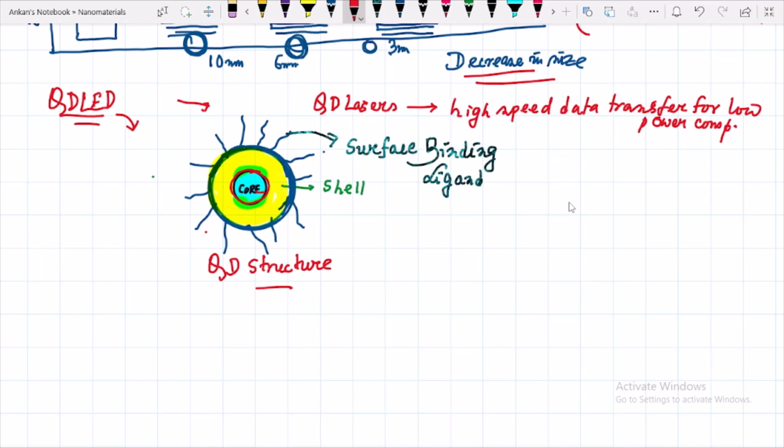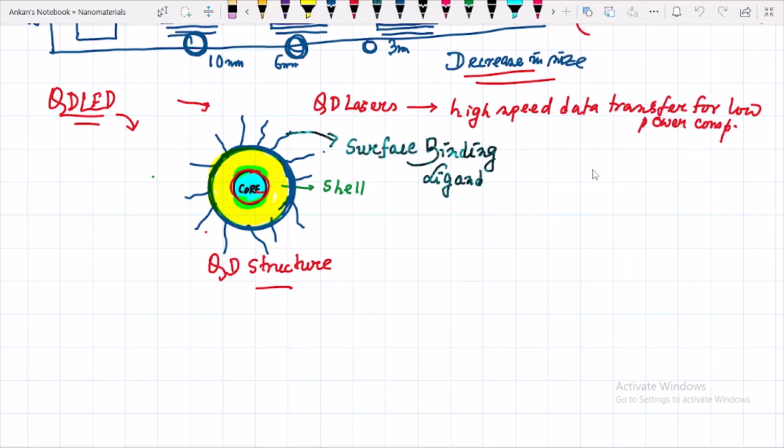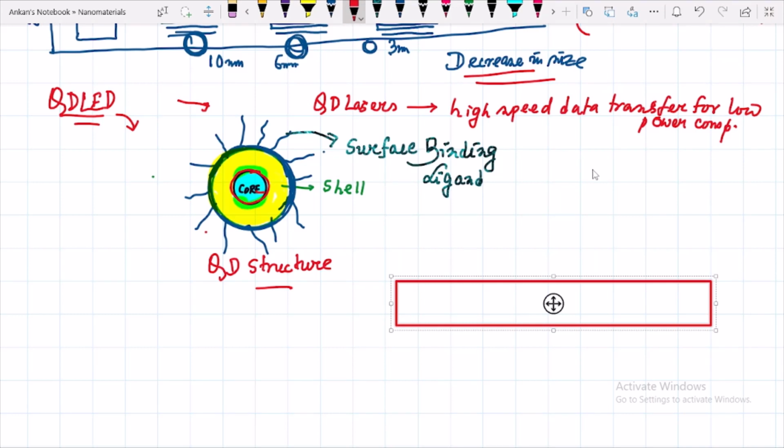Okay, I can show you the structure of the quantum dot solar cell. For this it requires some time, so let us draw the quantum dot solar cell.